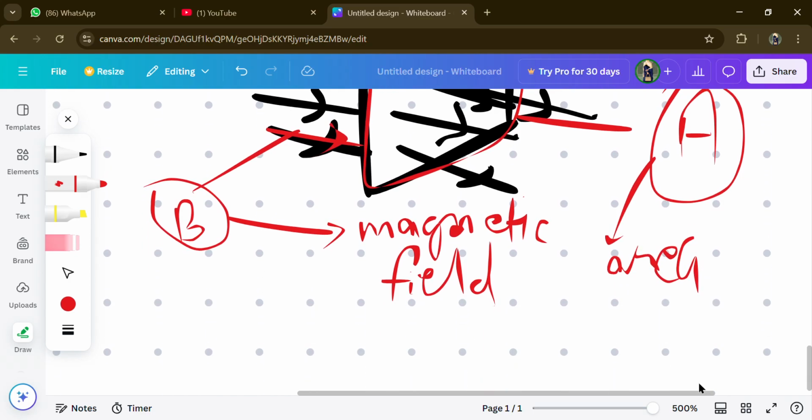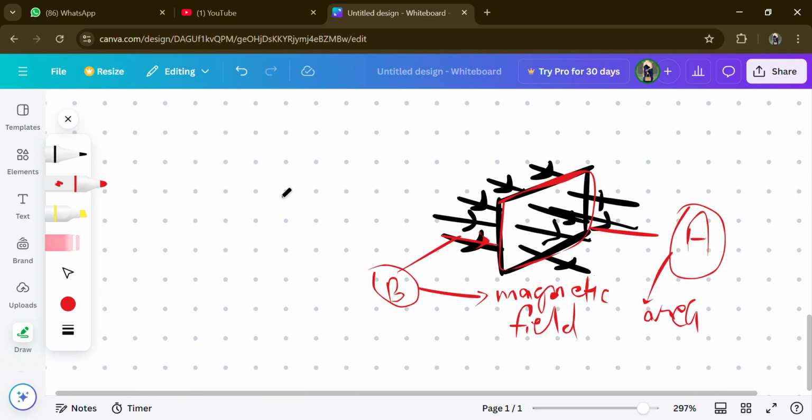Okay. Now, if in a condition I say that A is perpendicular to B, is that a true condition? Well, if you go through the direction of the magnetic field and the area, are these perpendicular? Yes, they are.